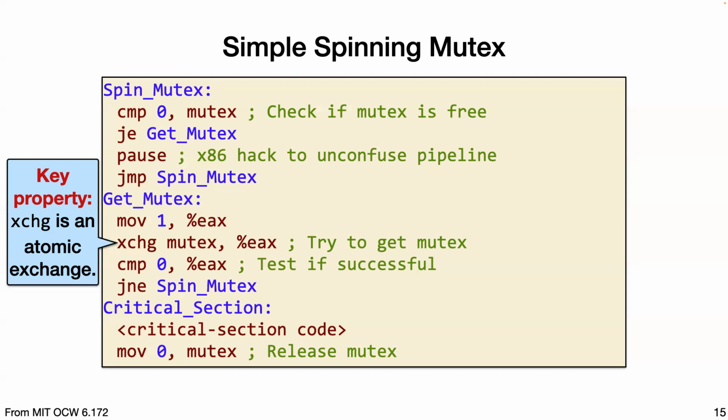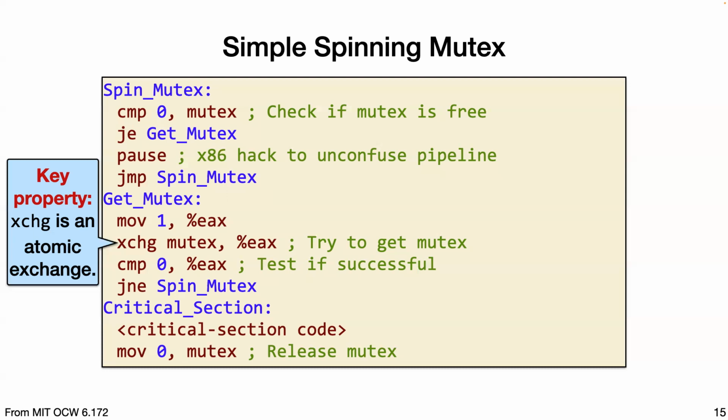Sorry? Unconfuse? Oh, pause is just like a scheduling operation. It's not necessary. It's just some performance optimization in the underlying x86. What do you mean by unconfused? I think it just means the instruction pipeline.